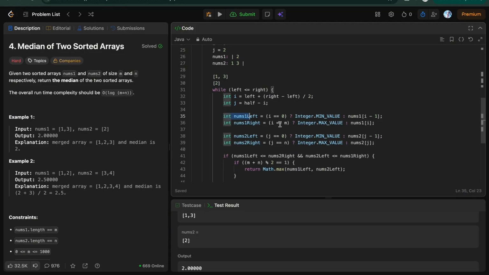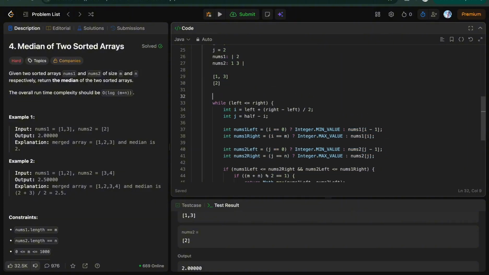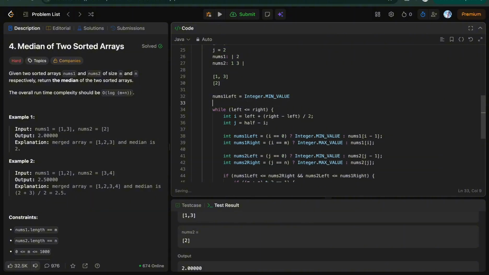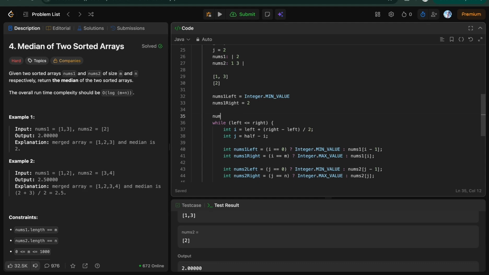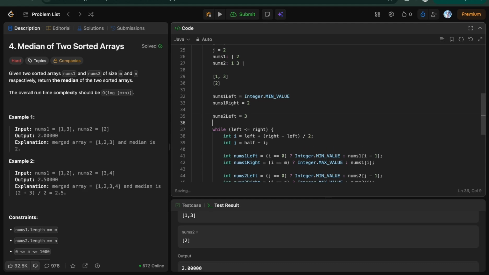Remember what I said? It's these 4. And so it should be very easy. Our nums1 left will get the integer minimum value, and our nums1 right will have 2. Now nums2 left will be 3, and nums2 right will be the integer maximum value.